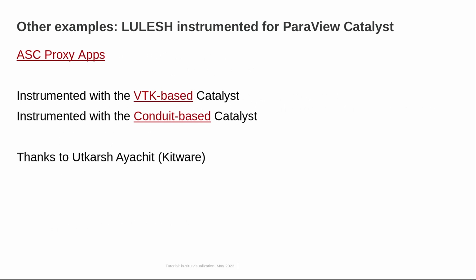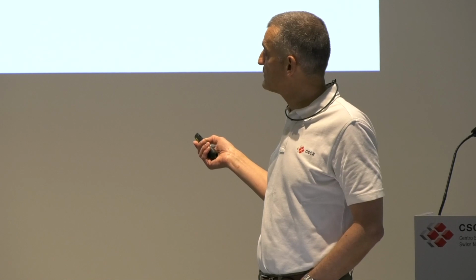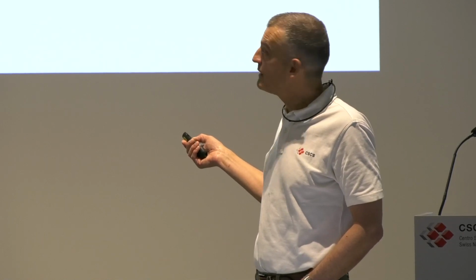So a number of examples, demonstrations I have prepared. One of them is, again, the Lulesh code coming from the Proxy Apps consortium. There's one version of it, VTK based, so that's Catalyst version 1.